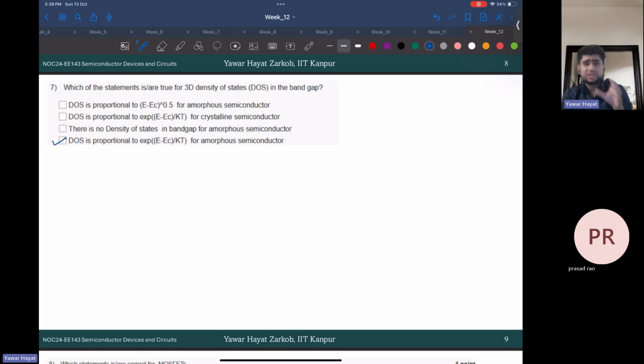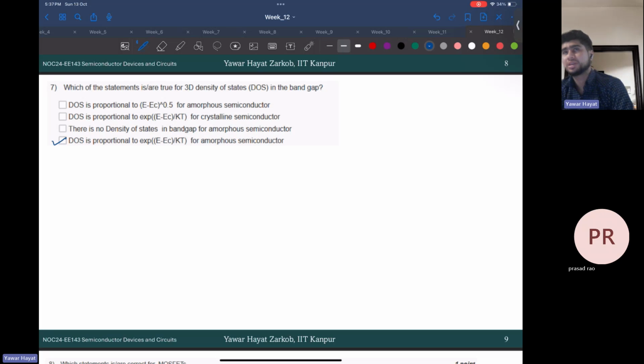We have exponential density of states in amorphous semiconductor. There are various models, three density of states expressions that are known to me at least. One is the exponential density of states.